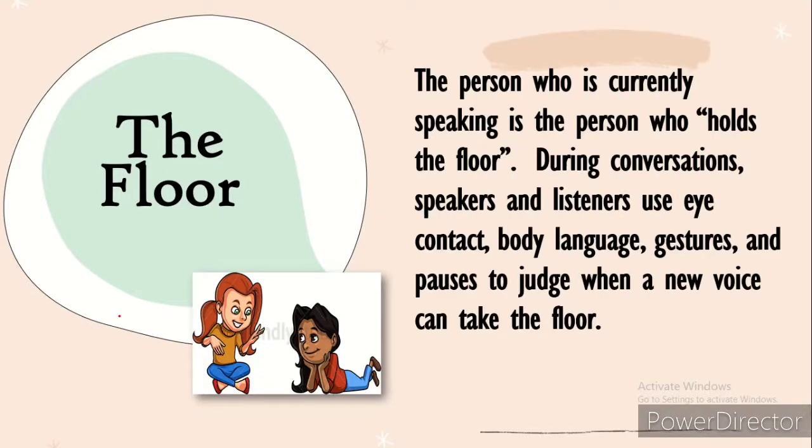Next is the floor. The person who is currently speaking is the person who holds the floor. During conversations, speakers and listeners use eye contact, body language, gestures, and pauses to judge when a new voice can take the floor.